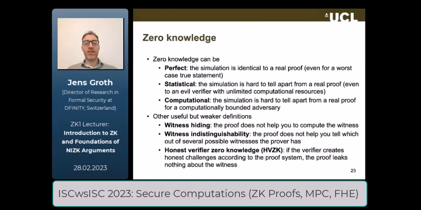Imagine, for instance, a statement for which there is only one witness. In that case, you could send the witness in the clear to the verifier, because it would not allow the verifier to distinguish between different witnesses, since there are no different witnesses. But clearly it would not be zero knowledge. You're leaking a lot of information. You're actually leaking the full witness.